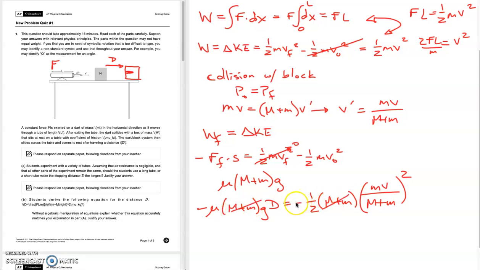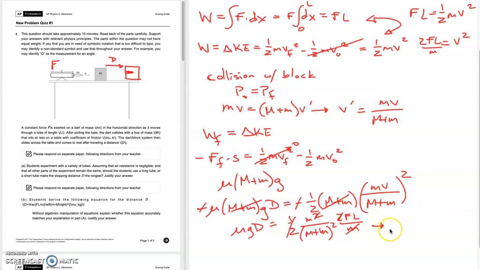So those two masses disappear, and the minus sign disappears, and we're going to have mu gD equals 1/2 m squared over m plus M, and then that v squared is going to turn into 2FL over m. So we have 2FL over m. And we can cancel out a couple more things. So that 1/2 and that 2 cancel, and that m cancels, and I have a feeling that I've dropped a square. Yes, this (m plus M) here should be squared.